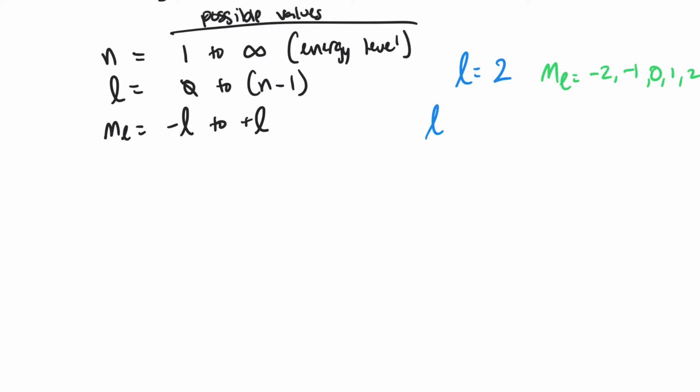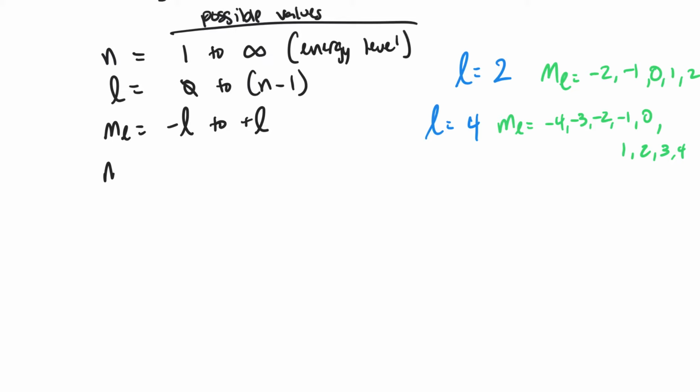If L is 4, then M sub L values will be negative 4, negative 3, negative 2, negative 1, 0, 1, 2, 3, 4. So the values for M sub L are always negative L to positive L, okay?